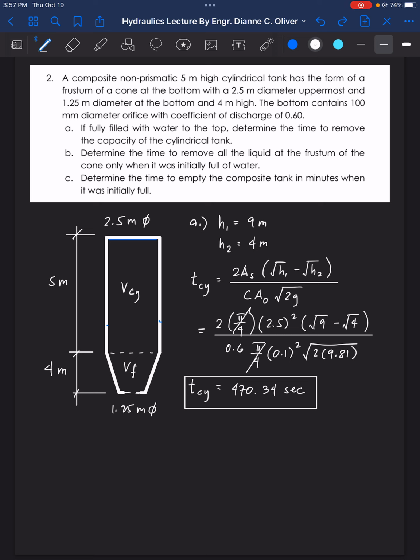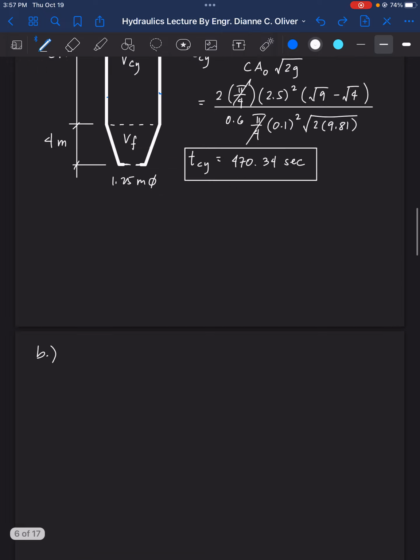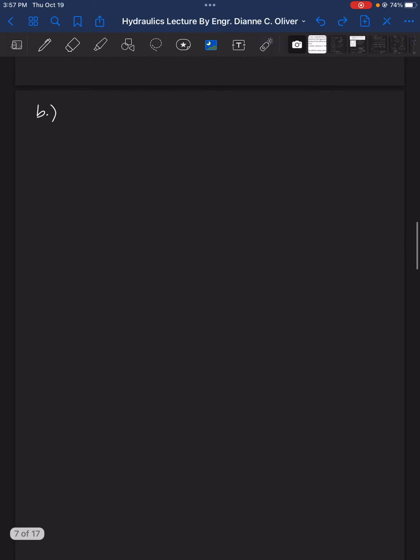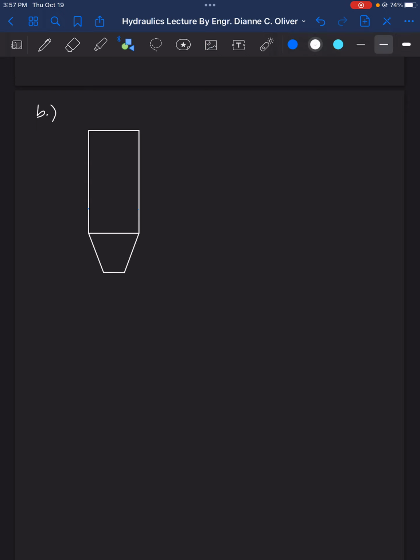So if that happens, where will the water level be? So here is our container. So what will happen here?